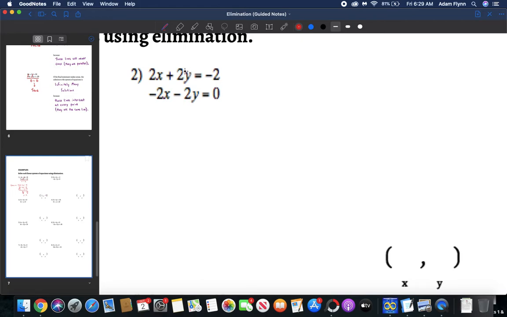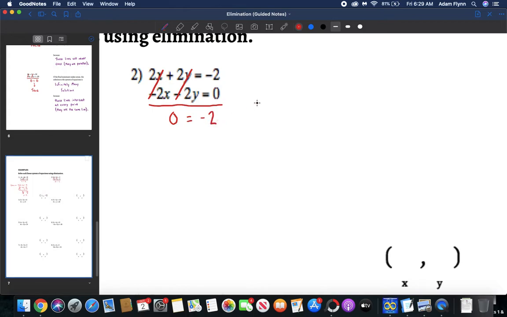And for my y's, I've also got a 2 and a negative 2. So if I combine these, my x's are going to eliminate. My y's are going to eliminate. So on the left side, I'm left with 0. On the right side, I've got negative 2 plus 0, which is going to be negative 2.